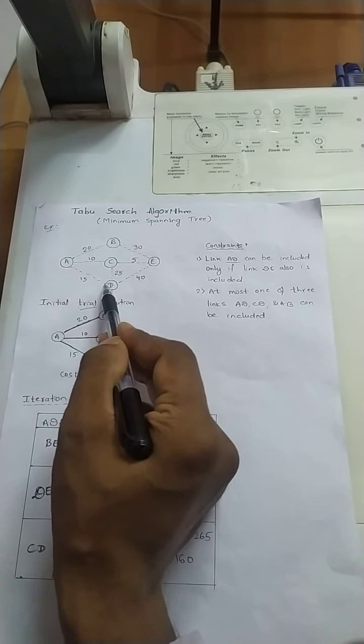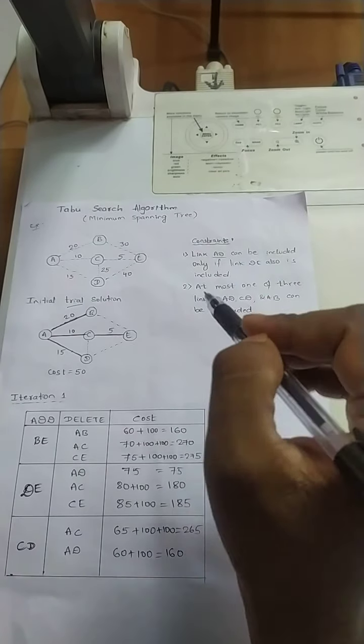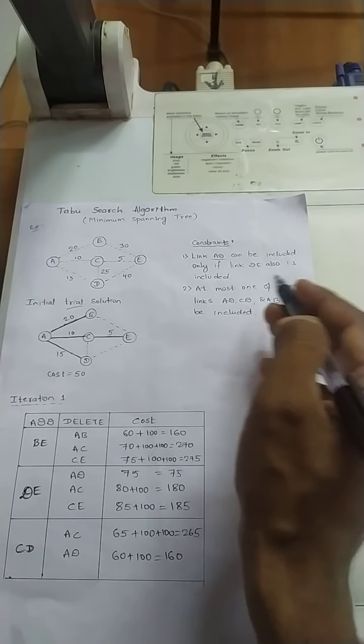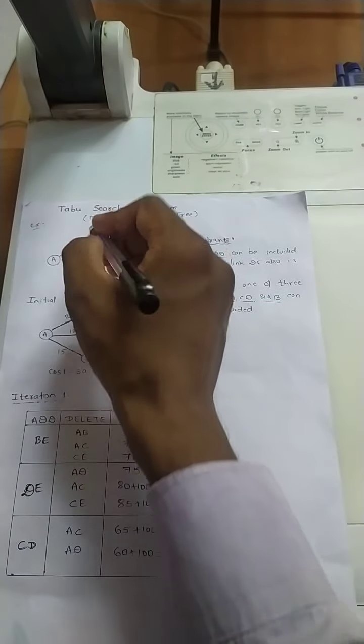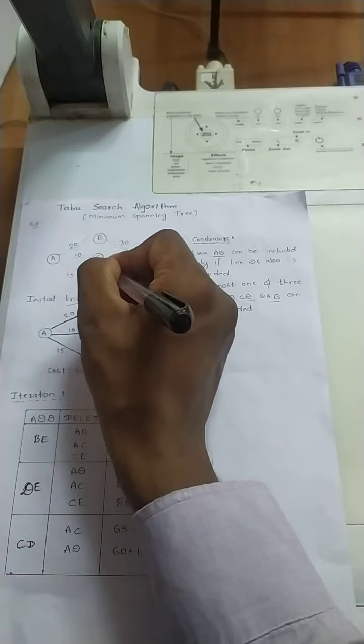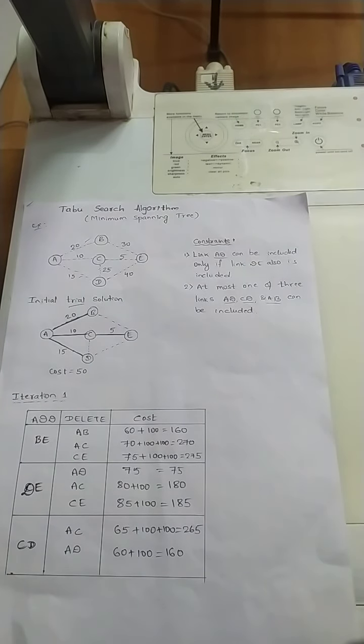If you want to add AD, there must be DE. This is the first constraint. The second constraint is that at most one of three links, AB, AD and CD, should be present. Out of these three edges, there should be only one, and that is the second constraint.